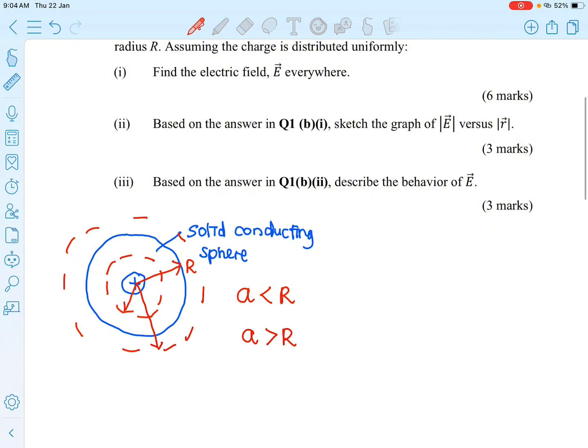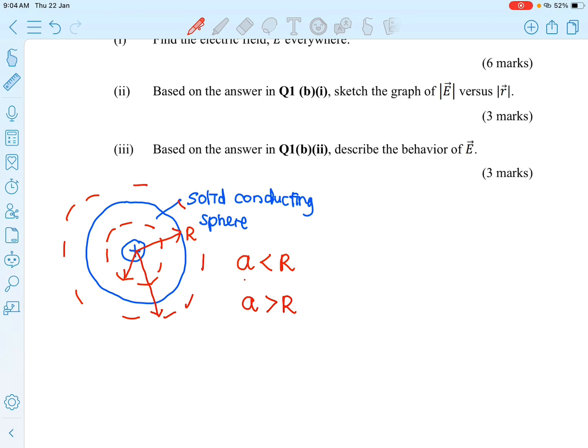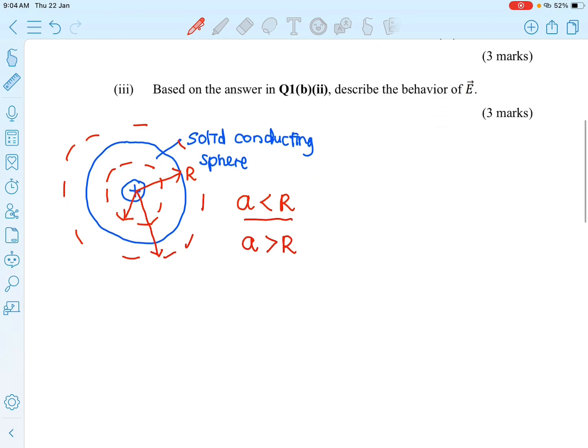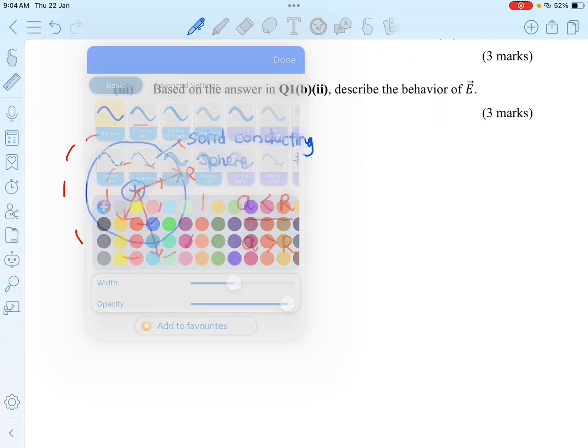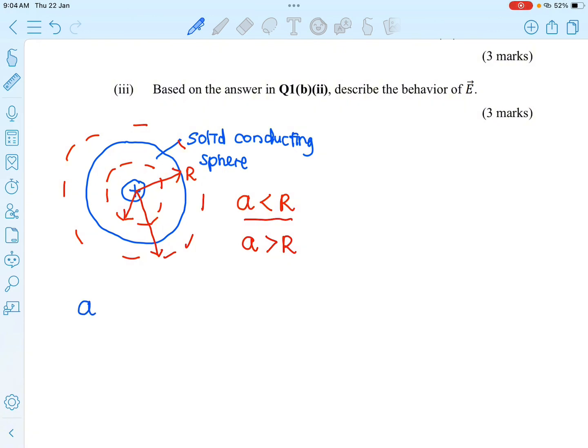Let's look at the first one, when A is less than R. For the case A less than R, it is inside this conducting sphere. We all know that there is no electric field inside a conducting sphere.